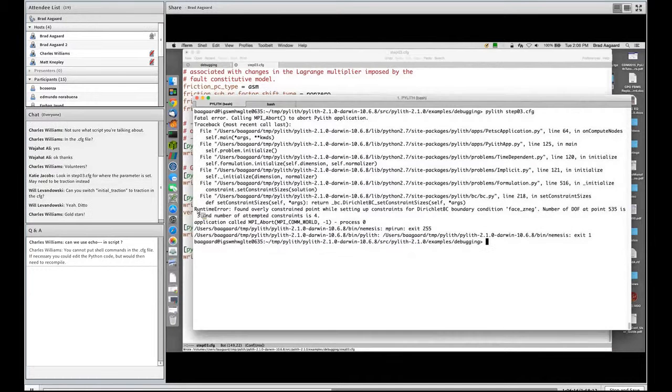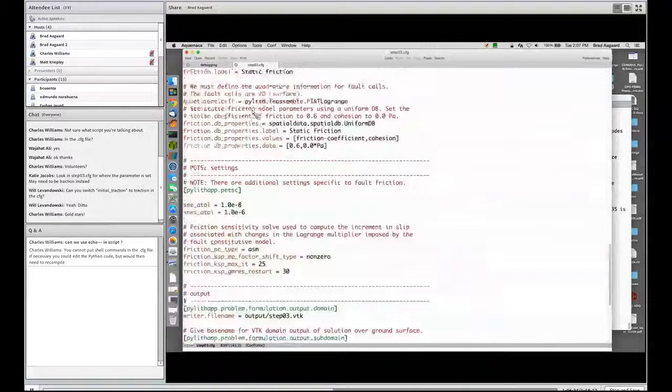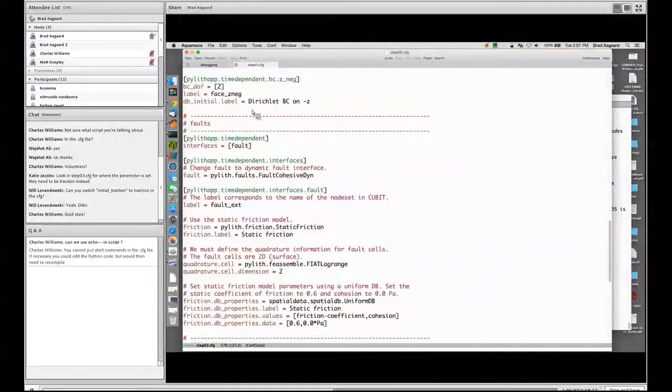We have another error. Overly constrained point. Base C negative. So another degree of freedom 3, but number of attempted constraints is 4. So let me show you where our boundary conditions are.